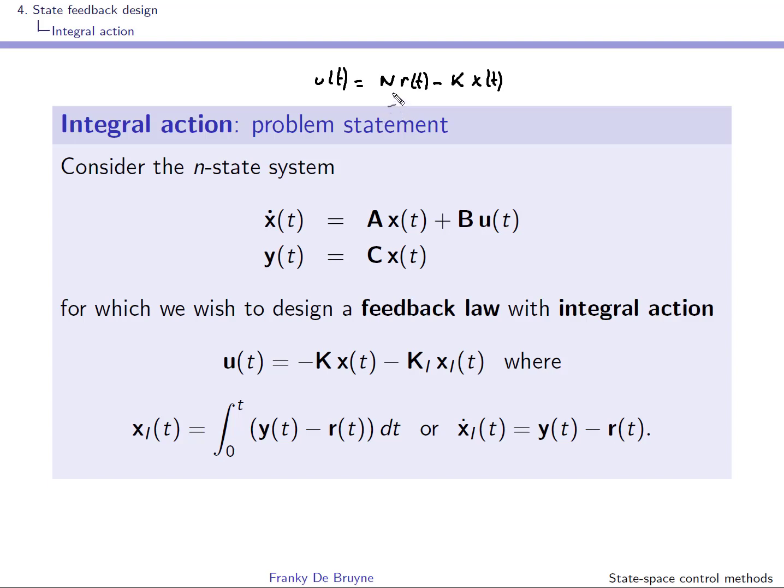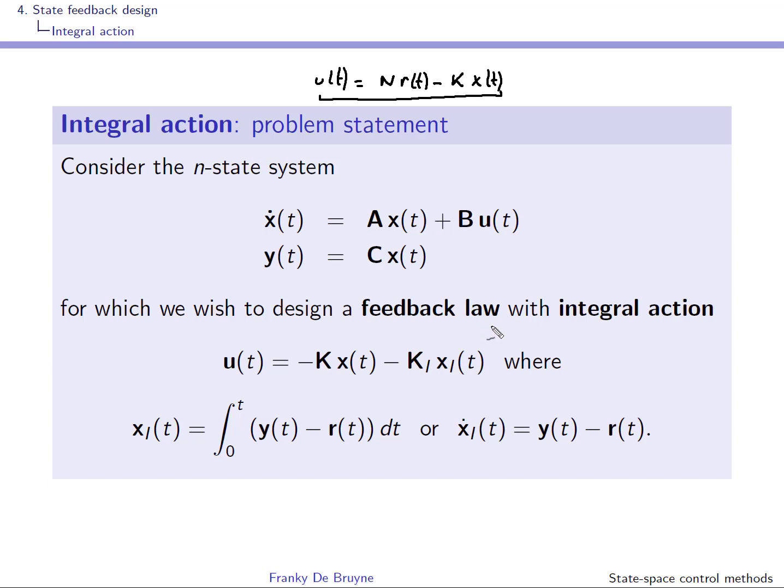We have seen previously that, using this control law, we can achieve a zero steady state error, but that it is not really a robust way to do things, because in reality you'll have a model that will not be an exact copy of the system, so the N that is computed will not lead you to a zero steady state error.